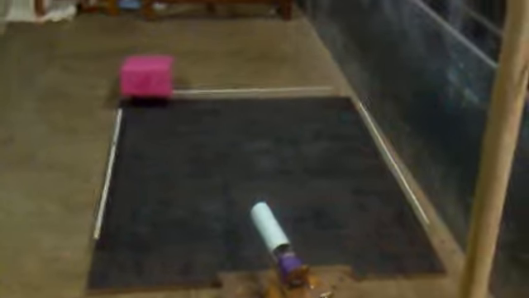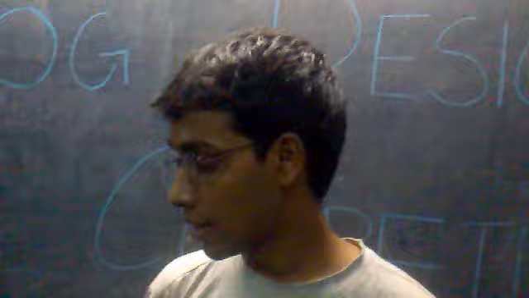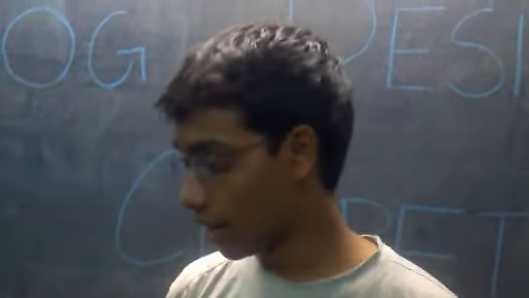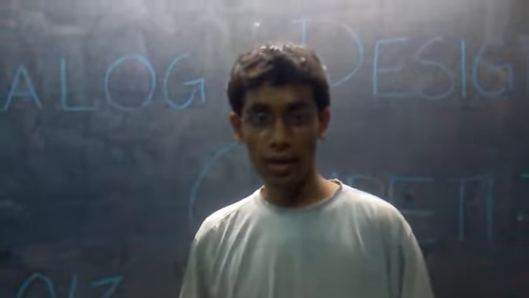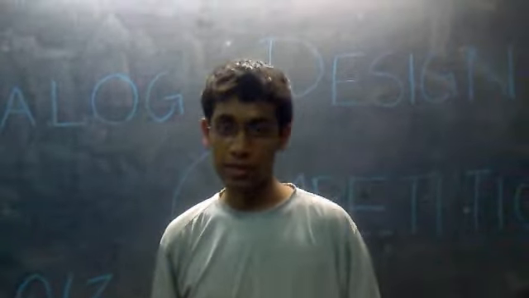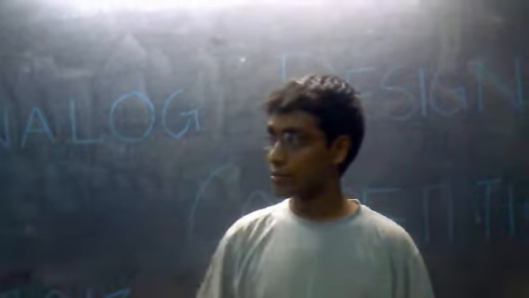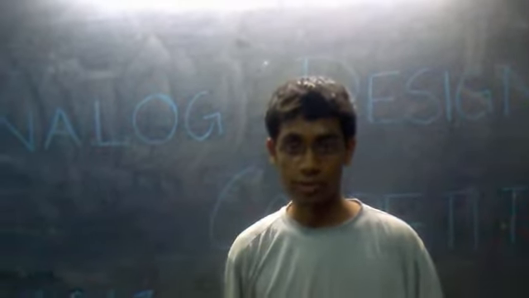Now, as you can see, the cannon bot has effectively fired into the target. This mechanism effectively allows us to automatically find out the enemy and fire at it at will. Now I'd like to conclude the presentation by handing over to Mr. Ankit Bhatia. Thank you.